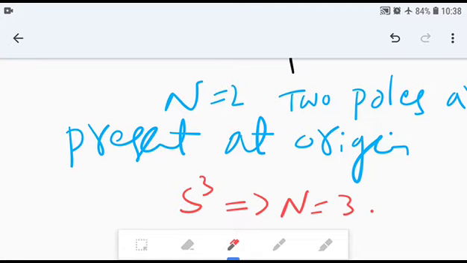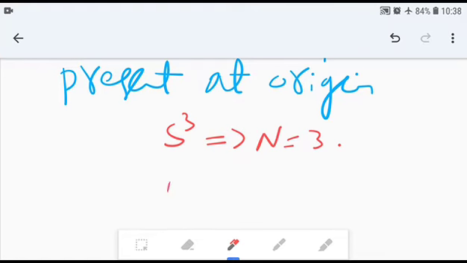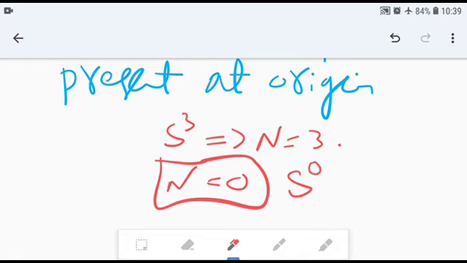Like that, if N equal to 0, we have s to the power of 0, that is no poles are present at origin in the s plane, then we say the type number of the control system is type 0.